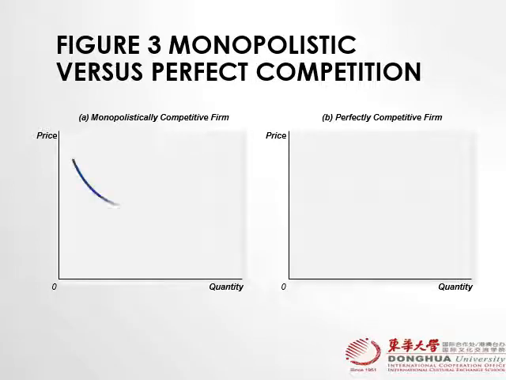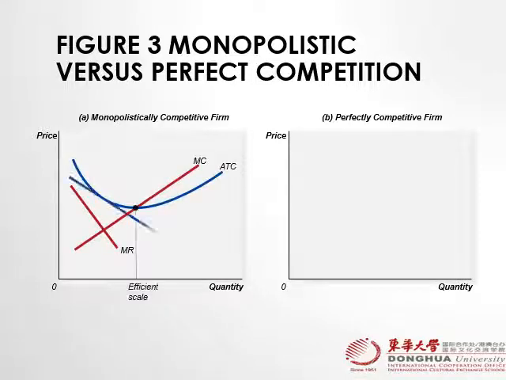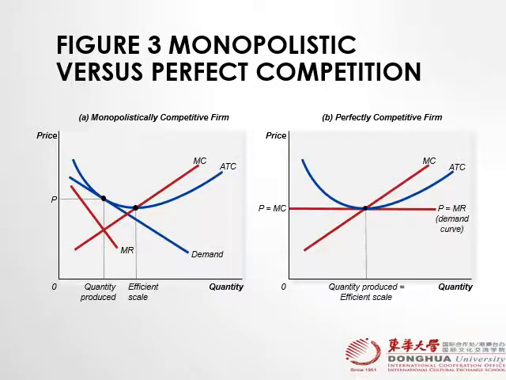But in a monopolistically competitive firm, we have a different structure, right? Like the perfectly competitive firm, demand is equal to supply. Here, where is the demand, where is supply?